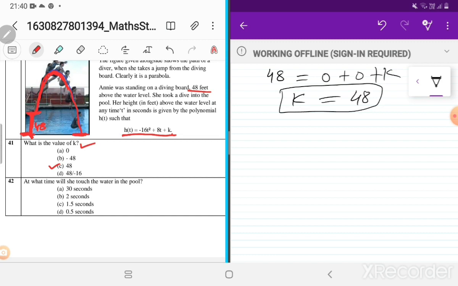She was standing at 48 feet height. Now after diving, she is at this level, ये कर्व यहाँ से स्टार्ट हुई थी, यहाँ पे एंड हो गई. So meaning what? In this question, इसमें हाइट दिया है, हाइट 0 है.